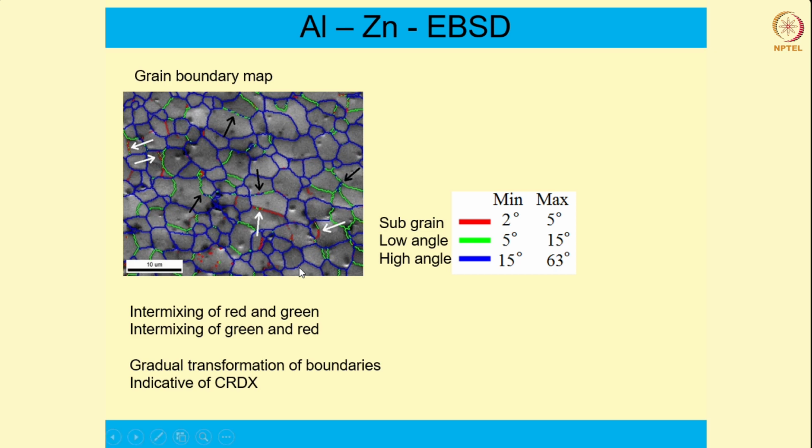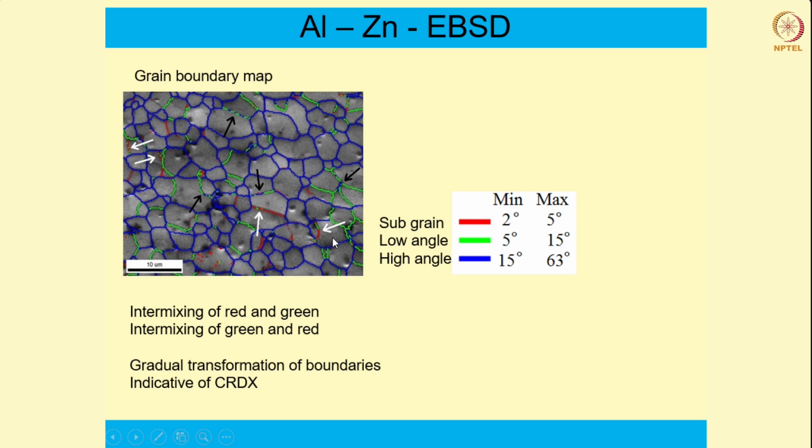You can also see a boundary here, the white arrows, this one and this one. It is a mix of red and green, like here you have a mix of green and blue. Here it's a mix of red and green. So what it tells us is that in the beginning the dislocation boundaries would have formed, and as the misorientation increases due to absorption of more and more dislocations into the subgrain boundaries, it is now slowly turning into a low angle grain boundary, and that is why in the same boundary you see this green color coming.